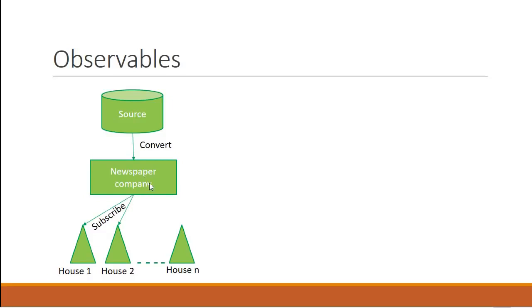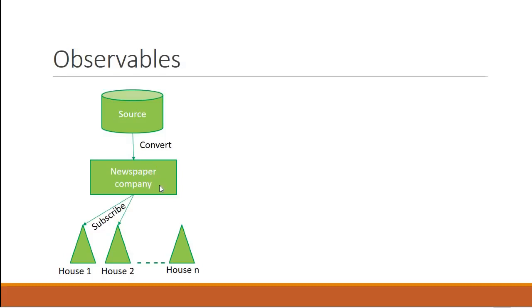Now once the information is received, the first thing the newspaper company has to do is convert the information into newspaper format. For example, the source might just send in a single line of information, but the newspaper company has to map that information into a headline, a body for that headline, and so on.